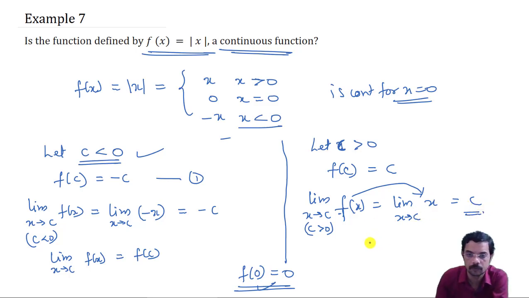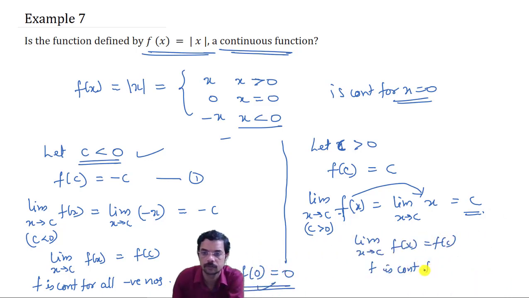So therefore limit x tends to c of f of x equals f of c for the right side also, and for the left side of 0 also. So it is continuous for all negative numbers. f is continuous for all positive numbers, and f is also continuous at 0.